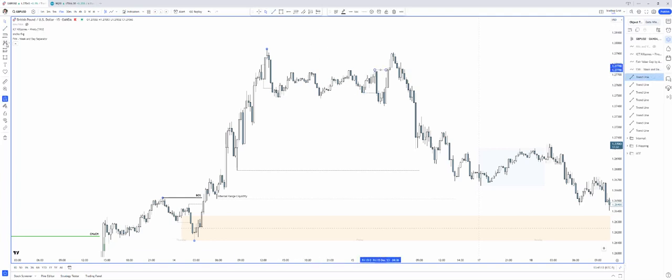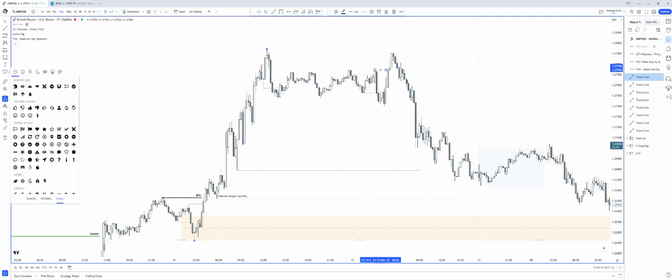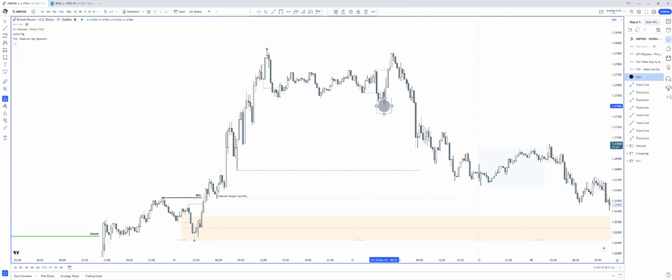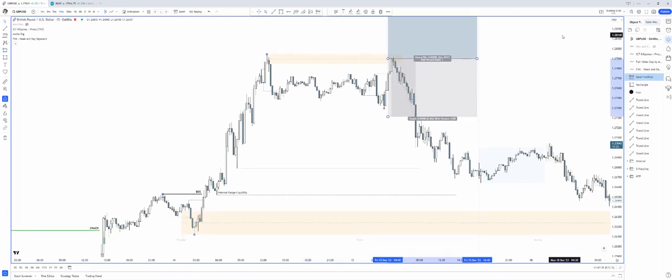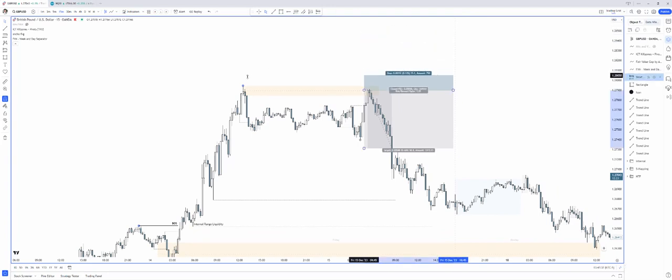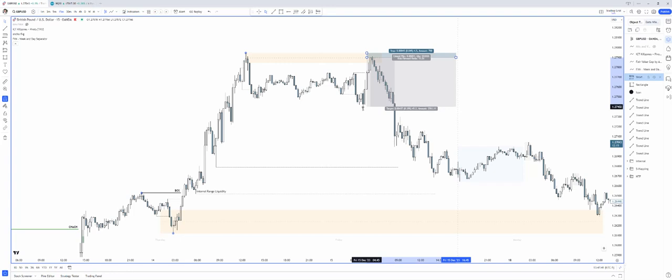In this case, what do we have? We have this internal range from here to here. And this was the first potential entry at the 50% and target this one.